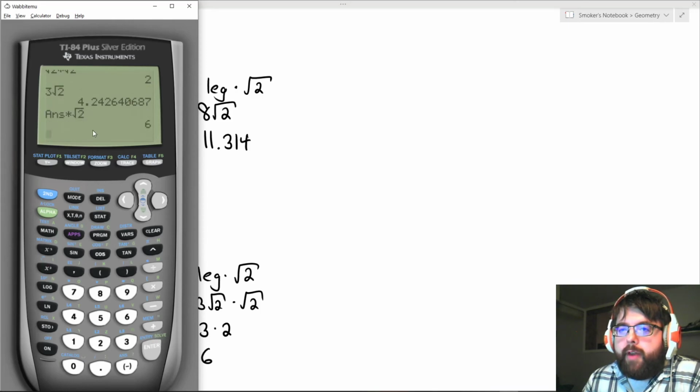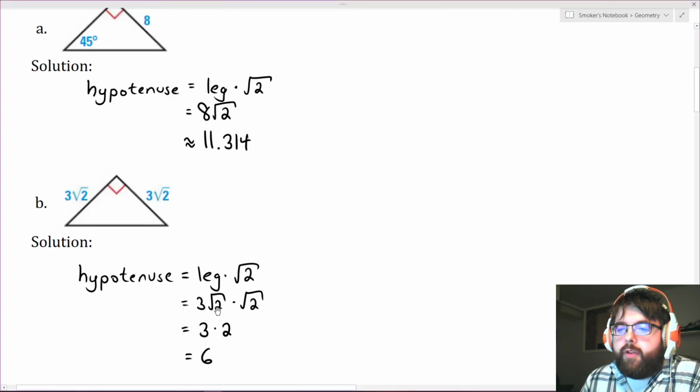You'll see that as long as you use this answer feature on your calculator, scientific calculators do this as well, and don't round it at all, and use this answer feature that I have been emphasizing a lot recently, you will get 6 anyway, even if you did this first and then multiplied that by root 2. Either way, you're going to get the exact value of 6.